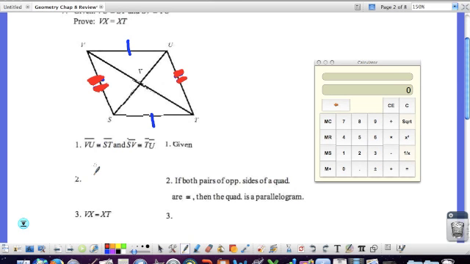So for number 2, our statement is VUTS is a parallelogram.